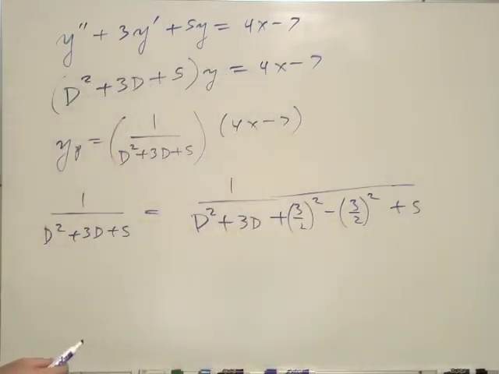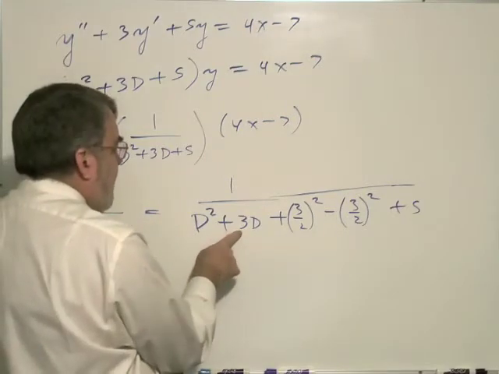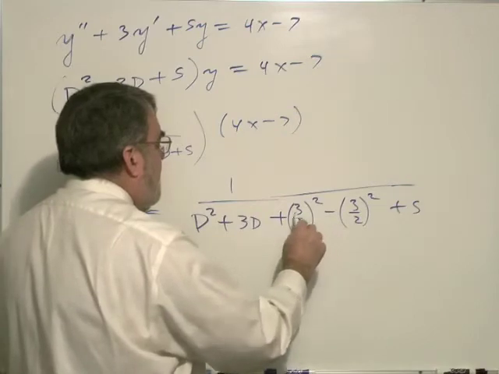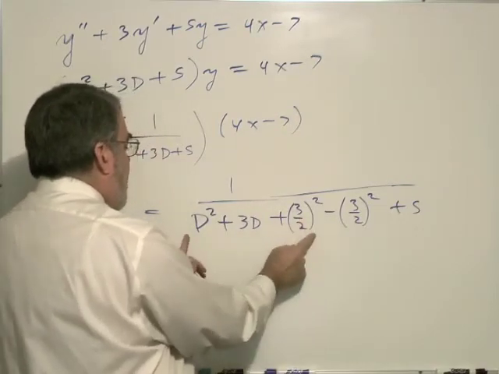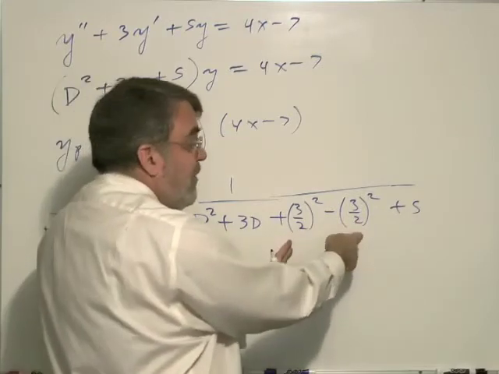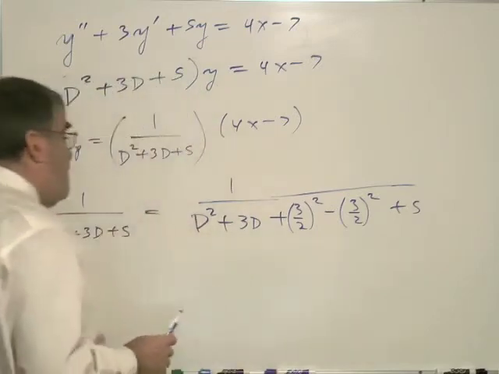All right, so what did we just do? When you complete the square on a quadratic, I don't know if you remember this, you take half the linear coefficient, which would be 3 halves, and you square it. So I added 3 halves squared to my denominator. In order to balance it out, I also have to subtract it, and I still have the plus 5 to deal with.